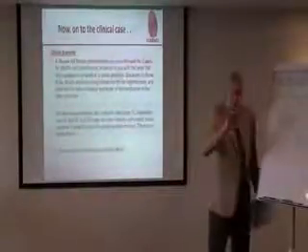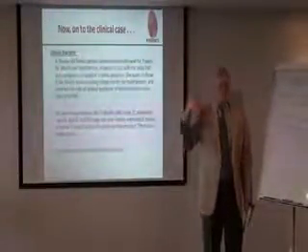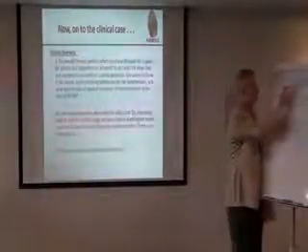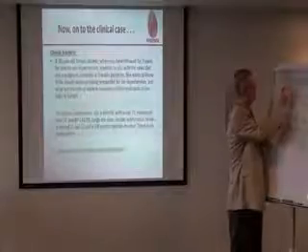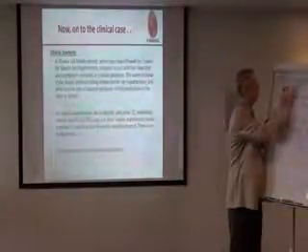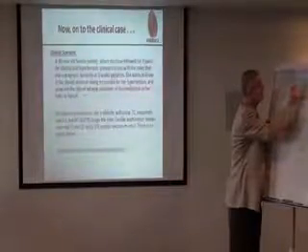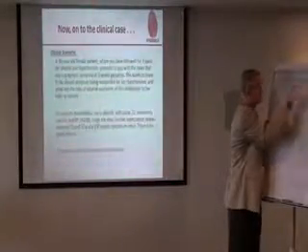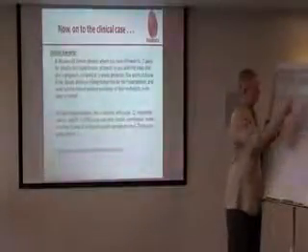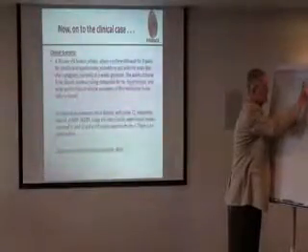Now, then you have to say, what are some synonyms for these? So pregnancy, well, there's not too many synonyms for pregnancy, okay? And then there's hypertension, high blood pressure, so let's say high blood pressure.